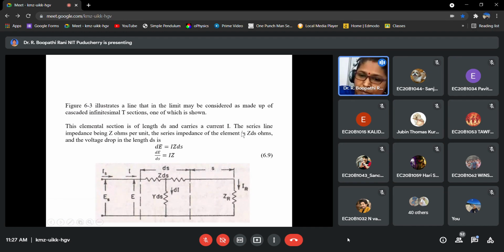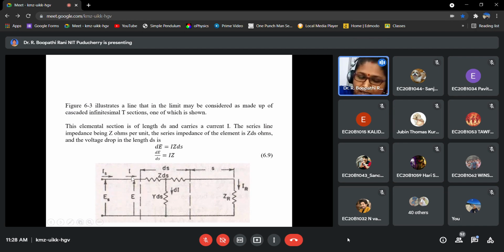The series impedance of the element is ZDS, because Z is per unit length. Then the voltage drop in the length DS is also varying minimally.